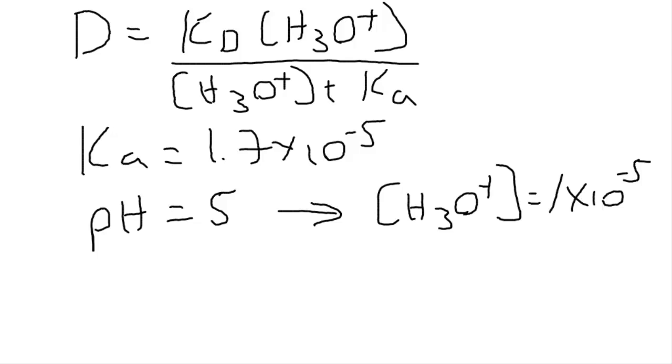We can plug those numbers in. We need to know the partition coefficient, and we'll use similar conditions that we used in the last example. So let's say 7.5 for the partition coefficient.